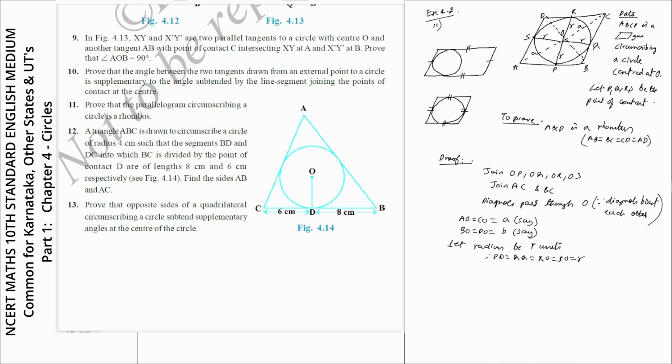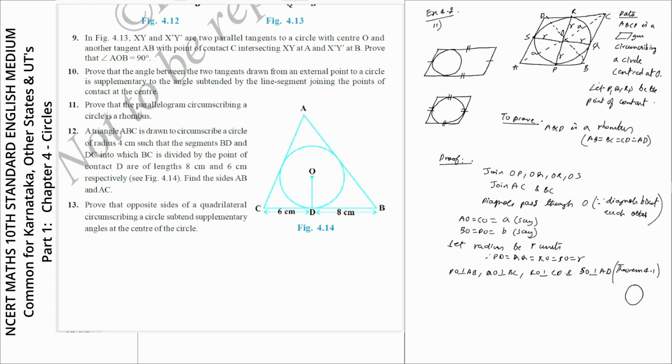Now you can see in the diagram PO is perpendicular to AB, and QO is perpendicular to BC, and RO is perpendicular to CD, and SO is perpendicular to AD, according to theorem 4.1. So what does theorem 4.1 say?